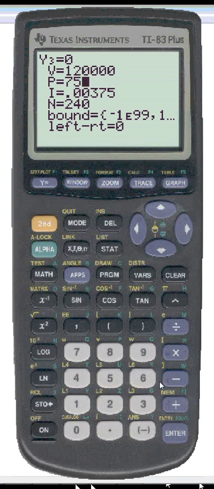So let's put 759.18, since that's what your real payments are going to be, and figure out what the present value for that is. Alpha solve, and it's $120,012. So what does that mean in real life?